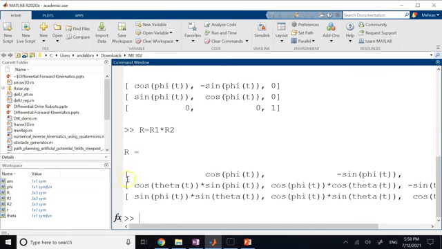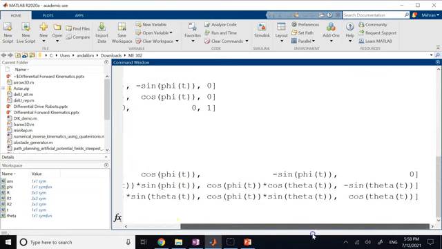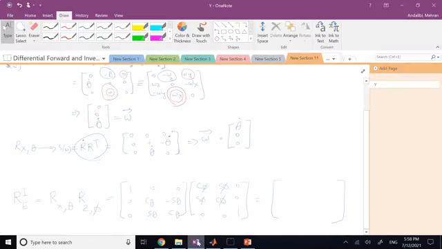So that is your rotation matrix. Clearly you see cosine phi, negative sine phi, 0.